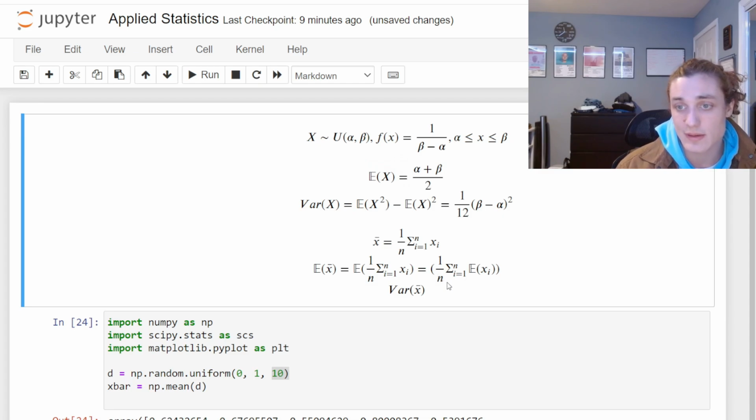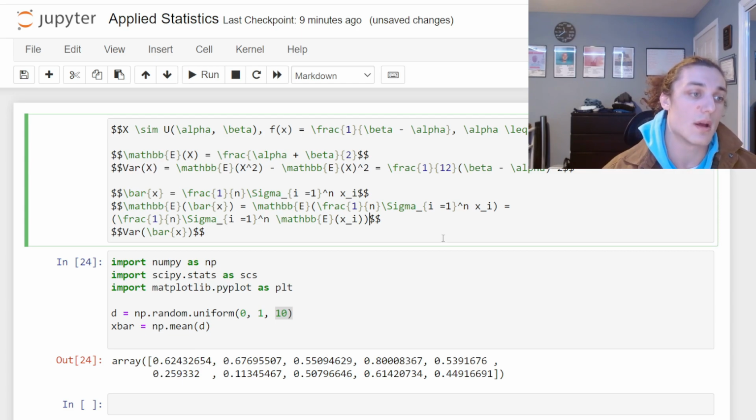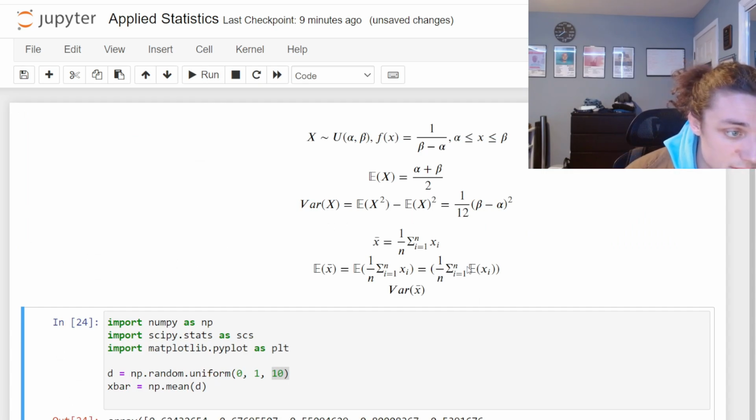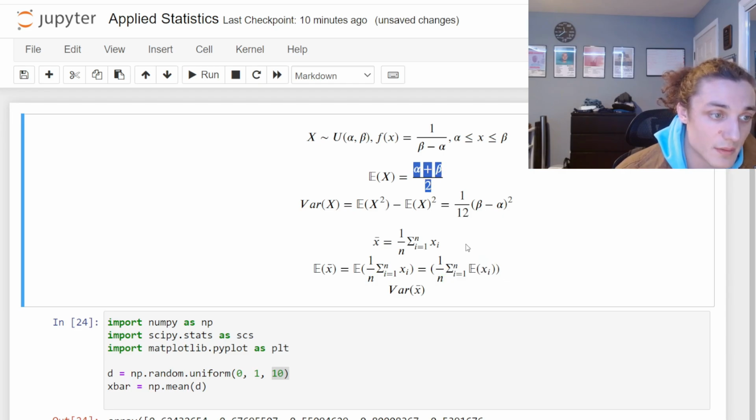If I do that, we end up with 1 over n times the expectation, so just the expectation of the random variable. This is what's called an unbiased estimator for the population mean. If this is a little fuzzy, I would definitely encourage you to check out my articles, but essentially, since we know the governing distribution, we can plop in alpha plus beta over 2 for E of x i, and it is IID, that is, each of these x i's in this sample average are assumedly drawn from the same distribution.